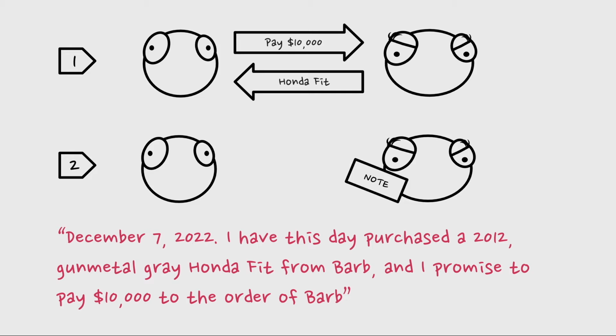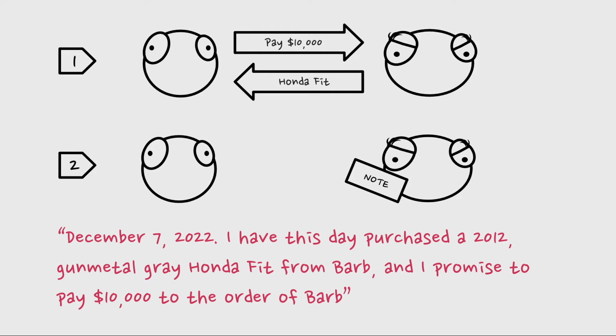What you want to realize is, okay, isn't it hypothetically, doesn't that mean the note is giving notice of an underlying transaction, which isn't that sort of suggesting, well, what if this transaction doesn't go through smoothly? Or what if one of them breaches? Or what if there's a defense? So isn't it actually conditional because Bob is saying, I have this day purchased a 2012 gunmetal gray Honda Fit from Barb, and I promise to pay $10,000 to the order of Barb?